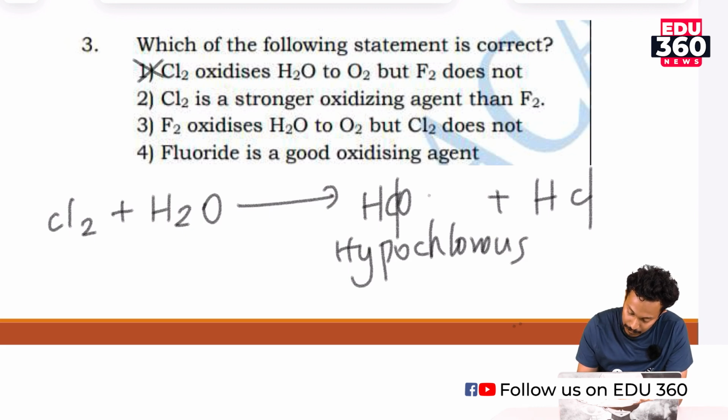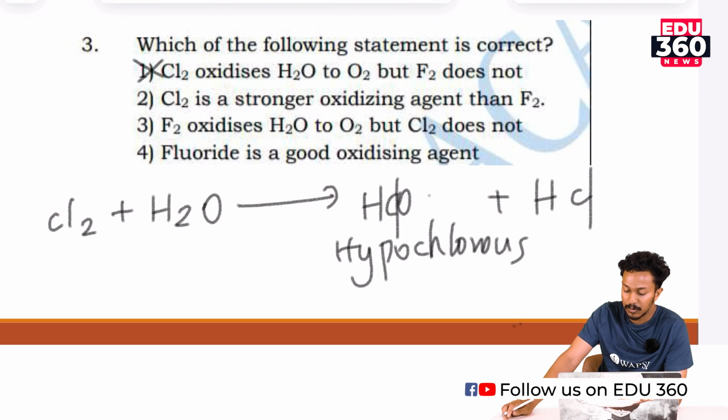Chlorine, when treated with water, converts to HOCl, which is HClO, hypochlorous acid, okay, and HCl.